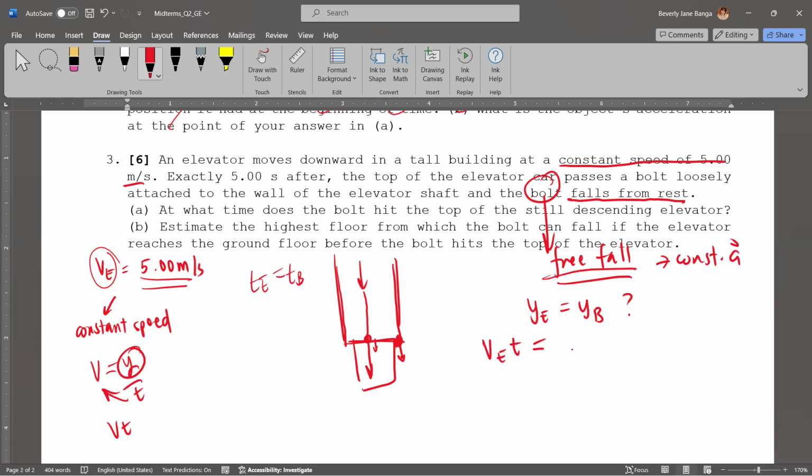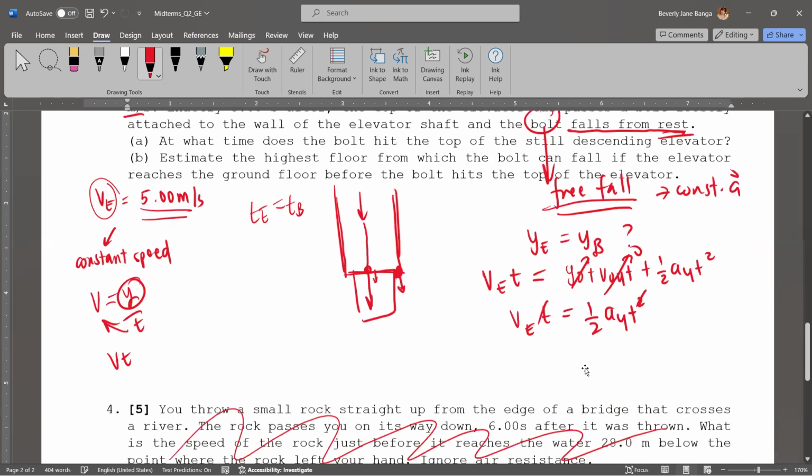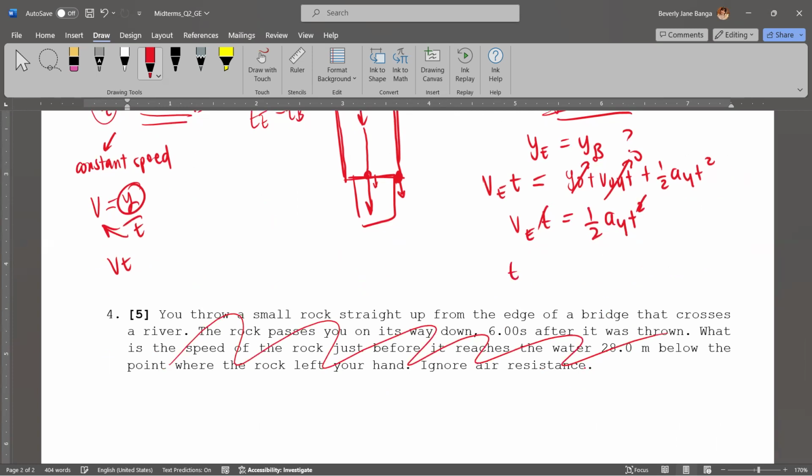Ano yung bolt natin? It's in free fall, descending from rest. So, Y naught plus VOYT plus 1/2 AYT squared. So, Y naught is 0. Descend from rest is 0. So, you're left with V elevator times time is 1/2 AYT squared. Cancel out, cancel out. So, I'm left with T is equal to 2VE over AY.